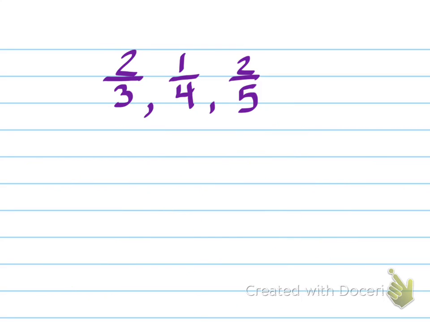All right, let's try a quick practice problem. Put in order from least to greatest 2/3, 1/4, and 2/5. Go ahead and pause me, try it on your own, and then come back and check your work. All right, so hopefully you paused me, and now you're back to check your work. We have 2/3. Well, again, 3 is an odd number, so the easiest thing to do is to bump it up to the next number, which is 4.